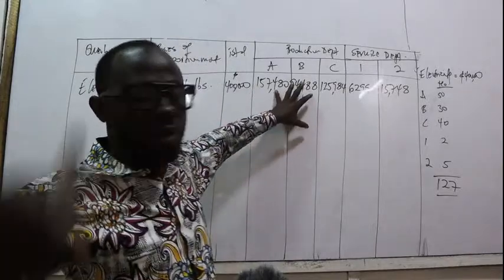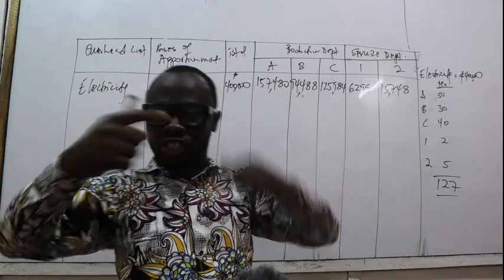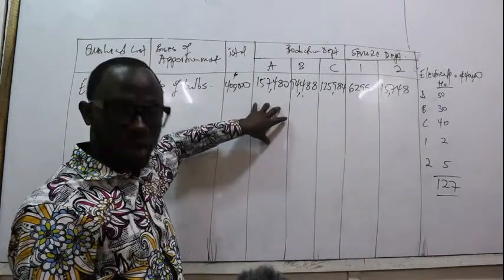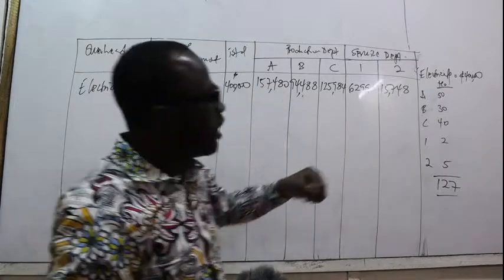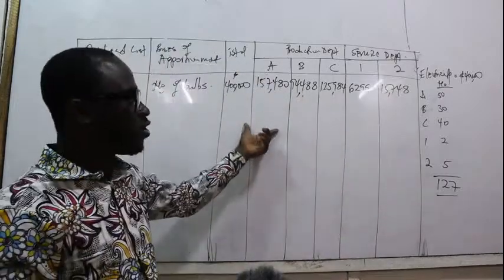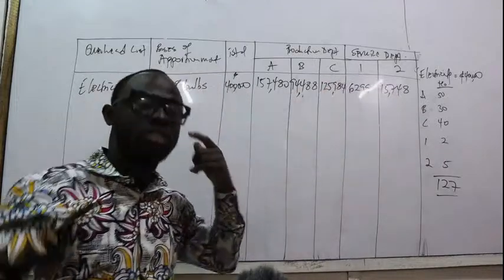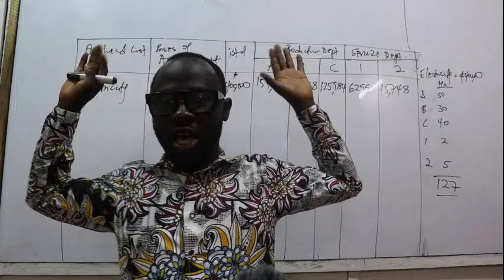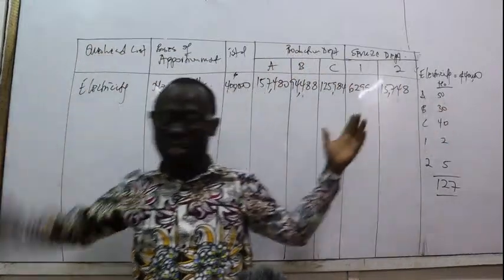So at the end of the period, we need to reapportion the service cost to the production cost. And that is also something that you need to look out for. Like I mentioned, I'm not going to be really spending time on this, but that is the idea.